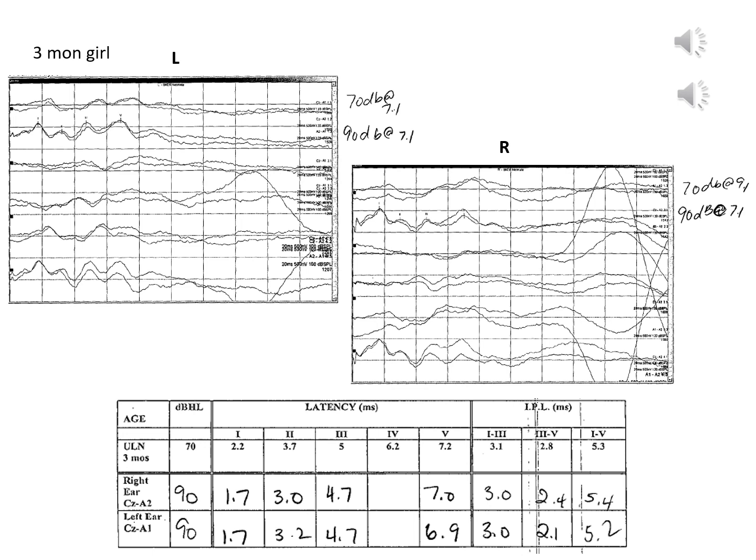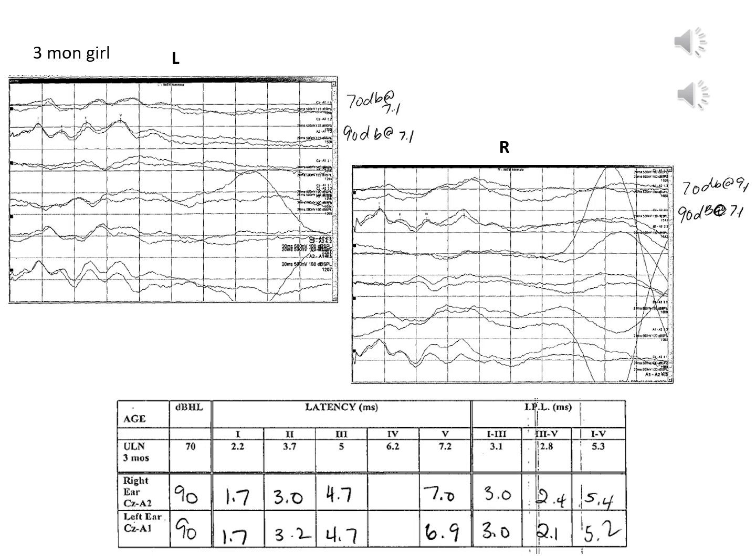And so because this is measured at 90 dB, they will all be lower than the 70 dB numbers, and so they will look normal, although we don't really know. And so if we really want to know about hearing, we need to look at the wave 1 values at 70 dB.